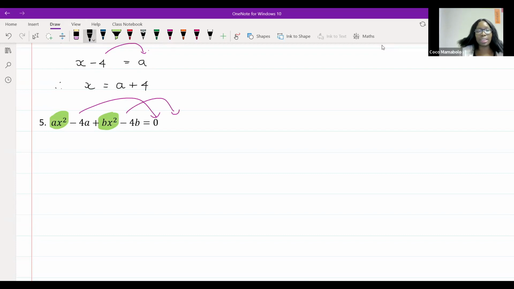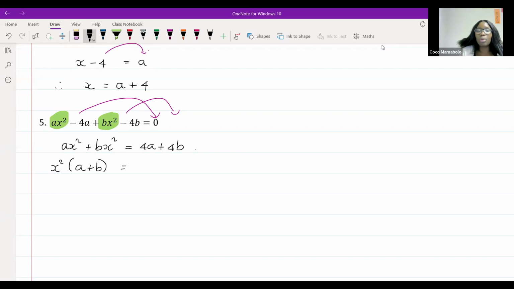So on this side, I'm going to get ax squared plus bx squared is equal to, the negative 4a will come over and it will become 4a plus 4b. Now I can notice on this side, there's an HCF of x squared. So I'm going to take x squared out and I will have a plus b.